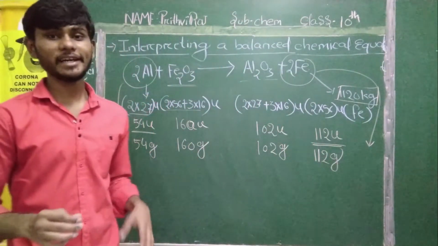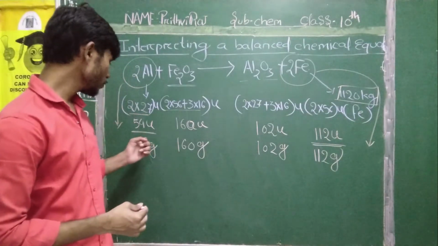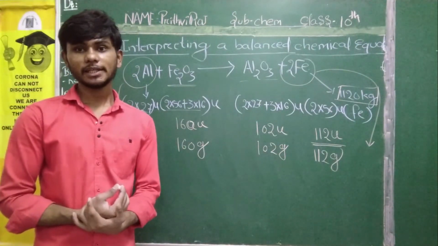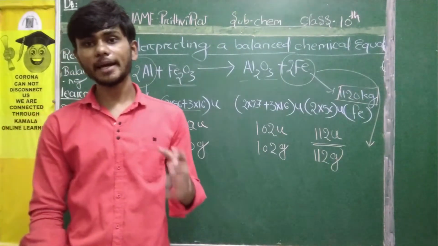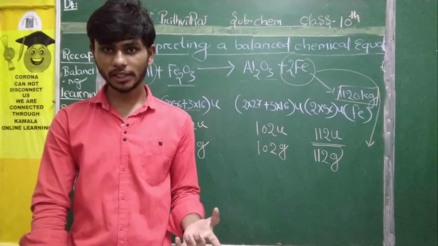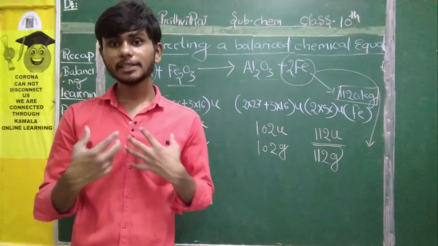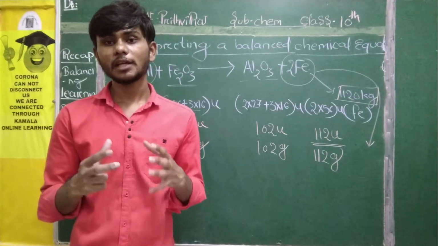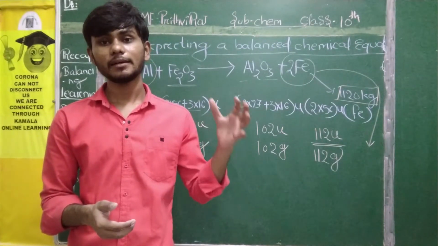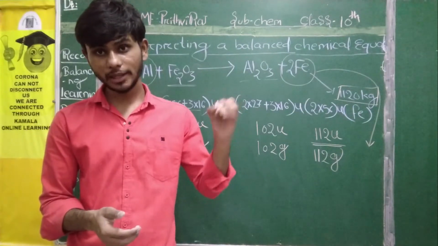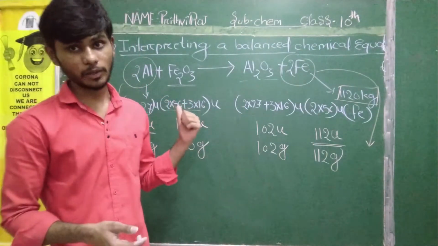Now you might have a doubt about why U is replaced with G. Students, this is an idea called gram atomic mass. Always remember, gram atomic mass or gram molecular mass gives us an idea about how many molecules or atoms are involved in this reaction.